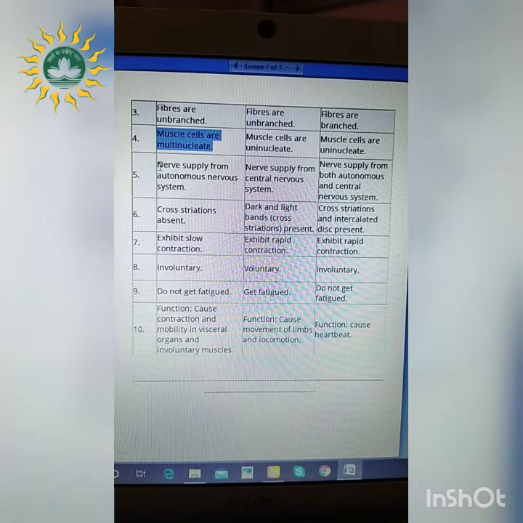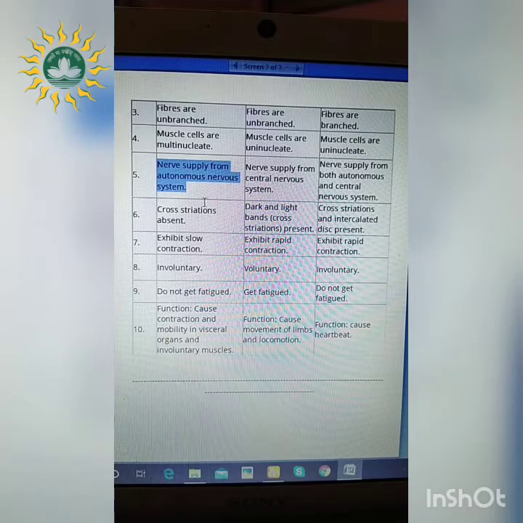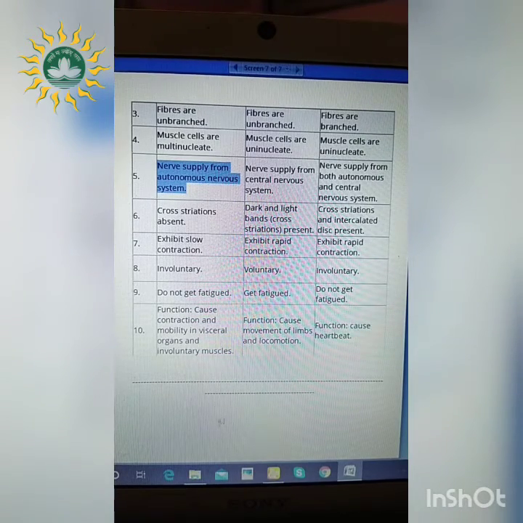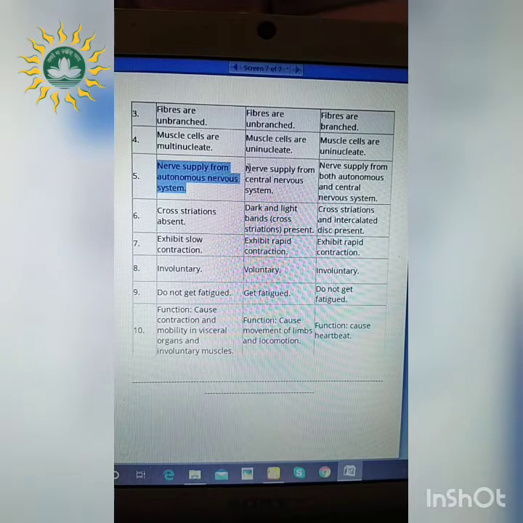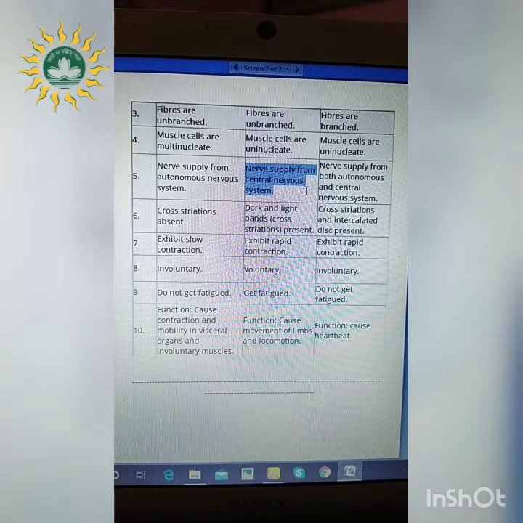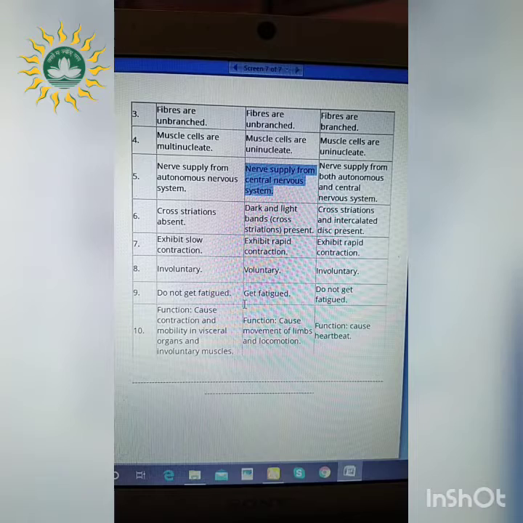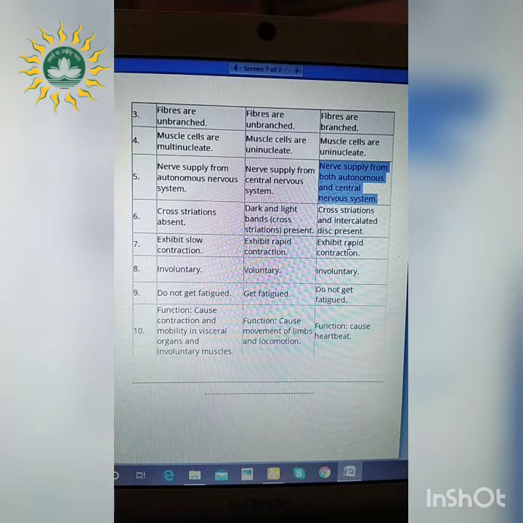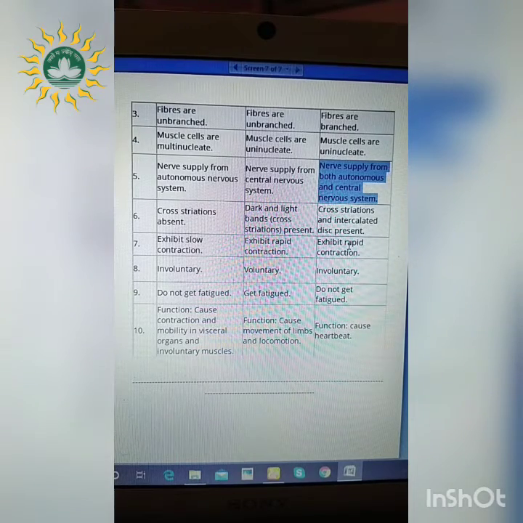The nerve supply from the autonomic nervous system takes place in unstriated muscles, whereas in the striated muscles, the nerve supply takes place from the central nervous system or the CNS. And in cardiac muscles, both the ANS and CNS take part in the nerve supply.